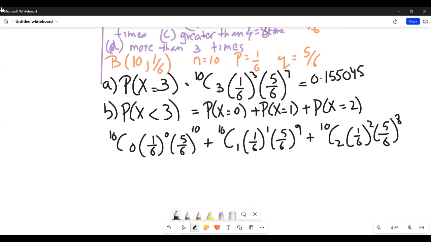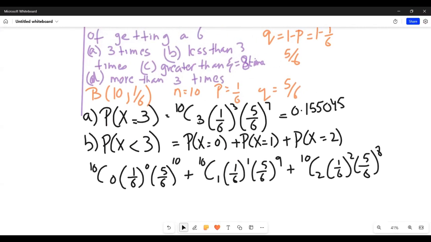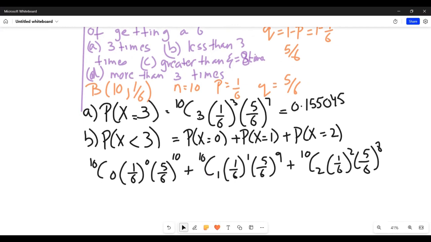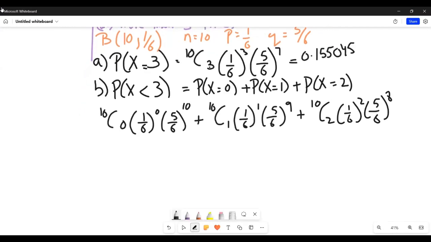Next is the probability that you get 6s more than 8 times. So for part C, it's going to be probability x is greater than 8.